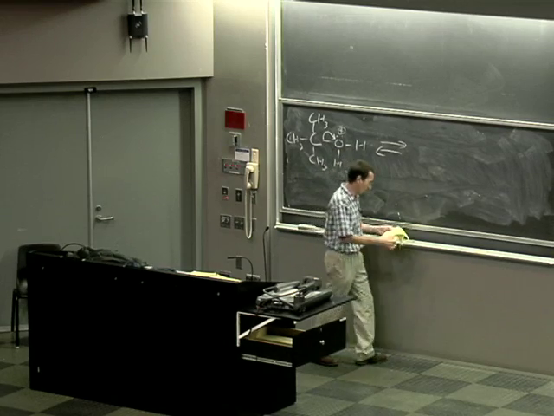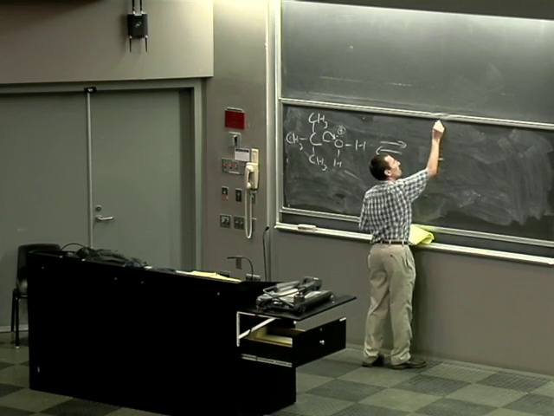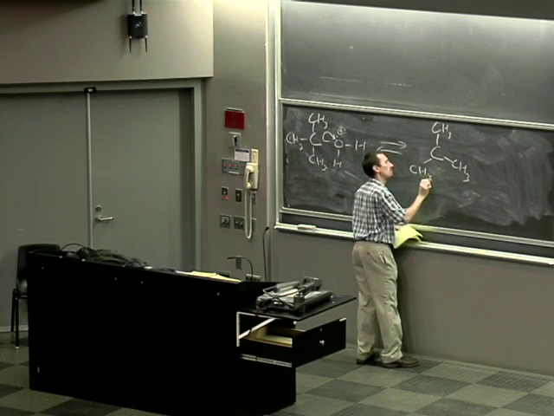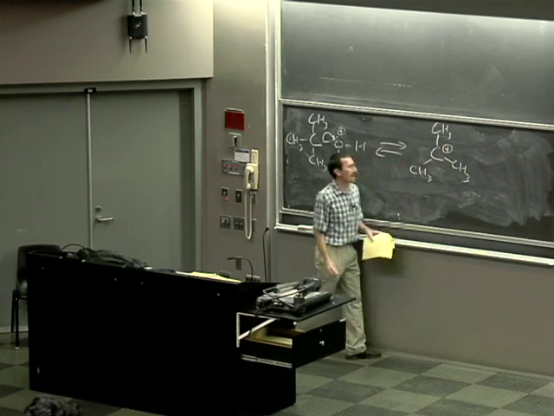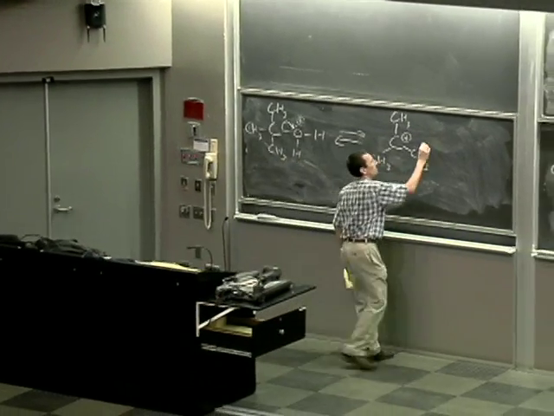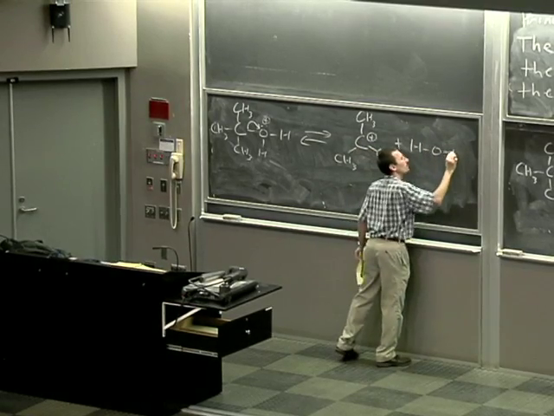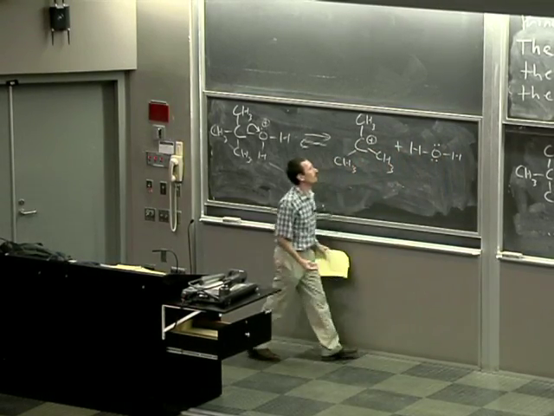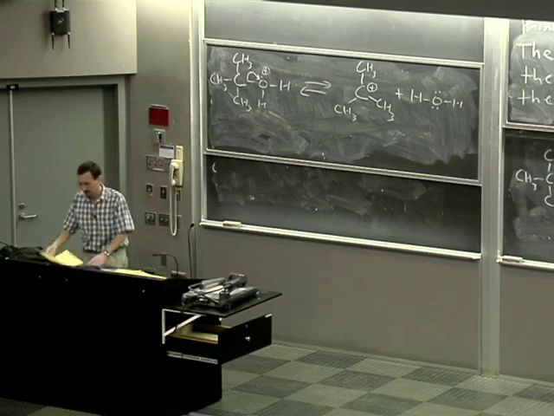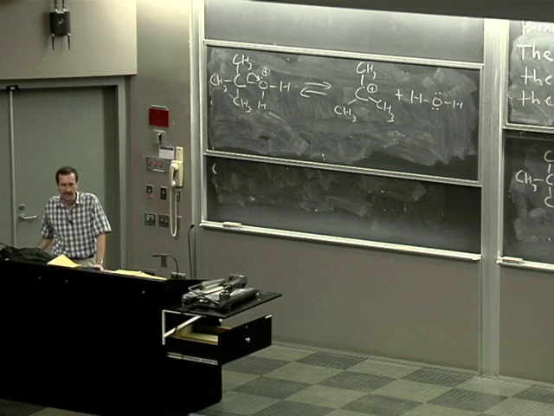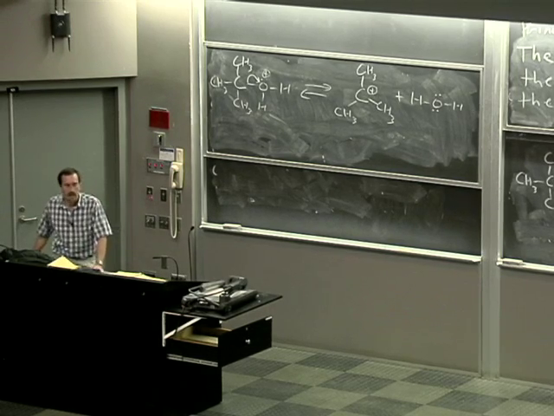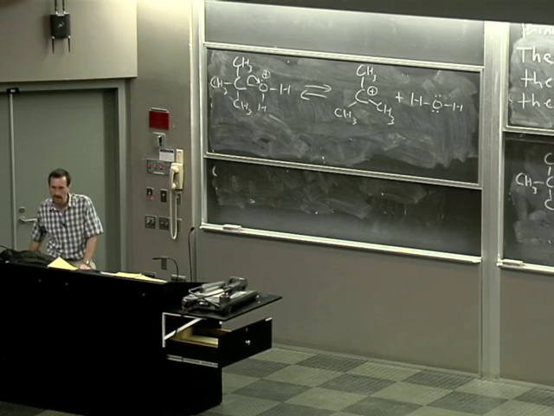We have an equilibrium. We generate tert-butyl carbocation, our Lewis acid. And we generate water, our Lewis base. Now we're headed on the pathway back to our alkene, to head back from the alcohol.